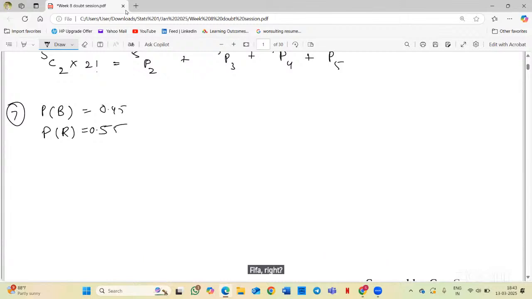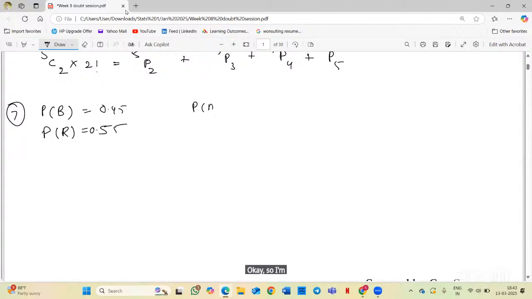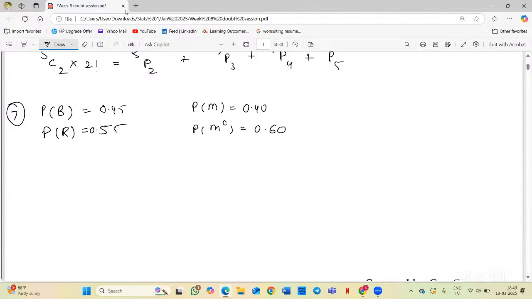Now the question says among all the balls in the bin, 40% are metallic and the remaining ones are plastic. So the probability that my ball is metallic is 0.40, and if it is not metallic, it would be 0.60, plastic. Till here is it fine? The values? Yes, ma'am.